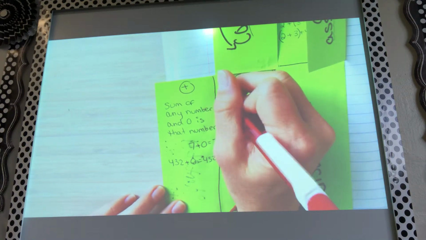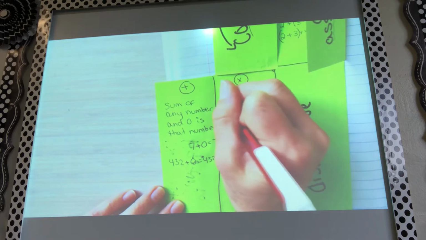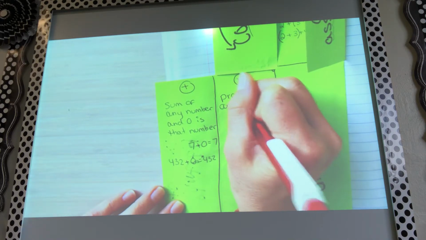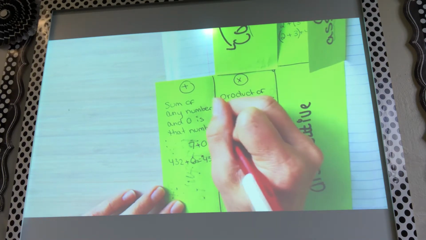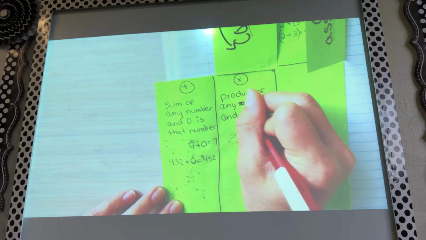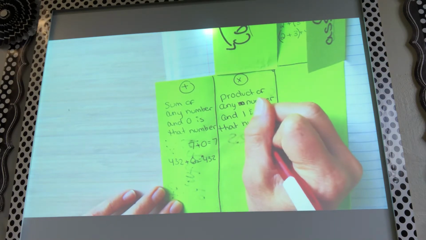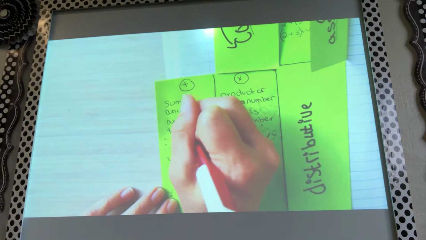And for multiplication, we say the product of any number and 1 is that number. So again, big difference is this one's 1 and this one's a 0.